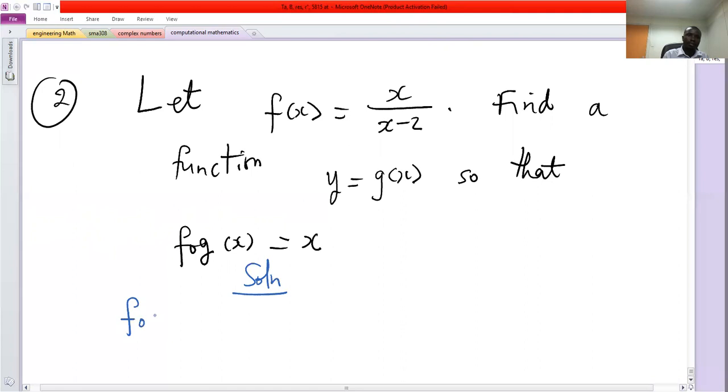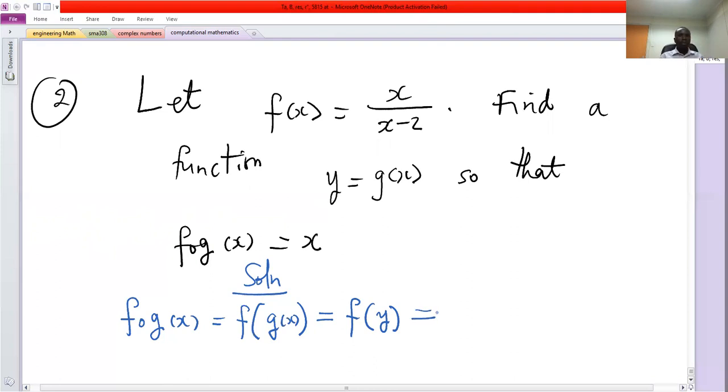So f composed with g is the same as having f and taking g of x to be the input. So it's the same thing as writing f of y, because g of x is the same as y, which will be given by, how does f operate? You give it an x, it will take that x and divide by the same x minus 2. So when you give it y, it does the same job.